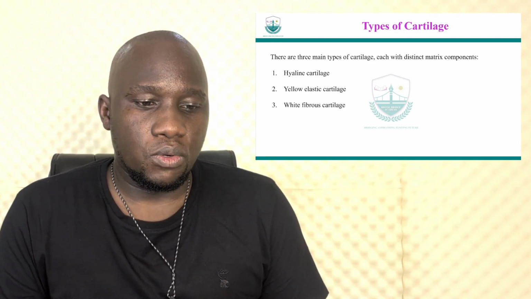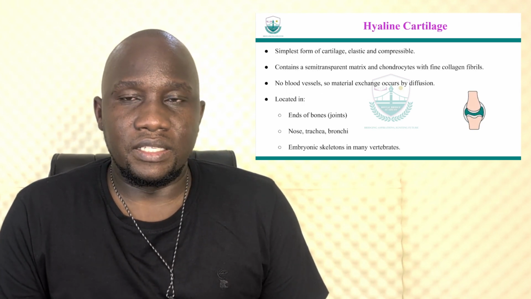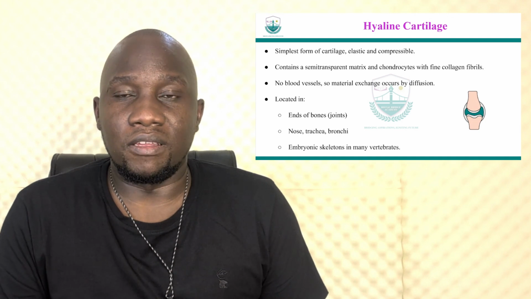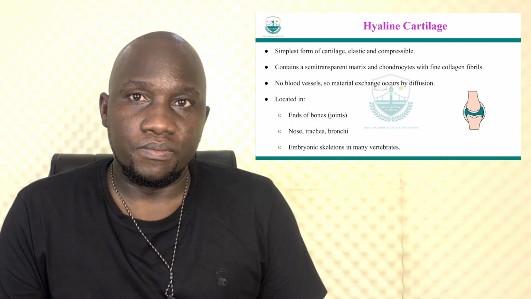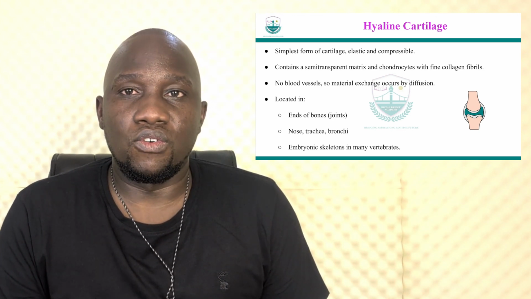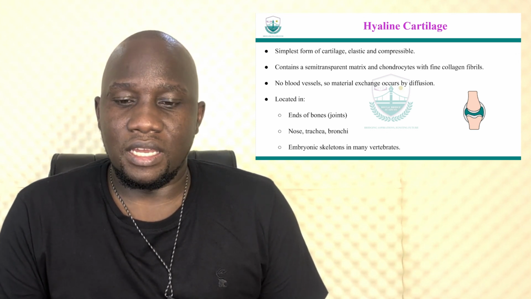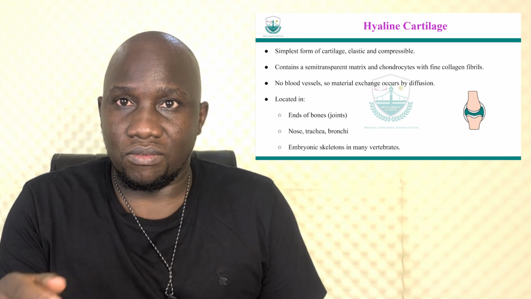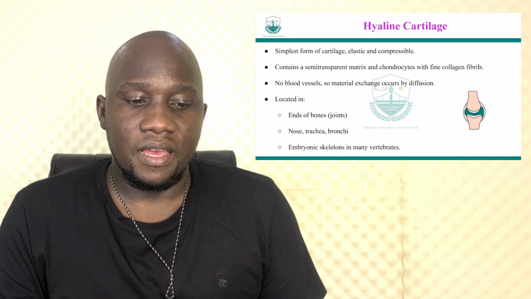So let us look at the hyaline cartilage. The hyaline cartilage is the simplest of the types of cartilage. It is elastic and compressible. It contains a semi-transparent matrix and the chondrocytes, with the fine collagen fibers, or fibrils, you can call them. There are no blood vessels in there.